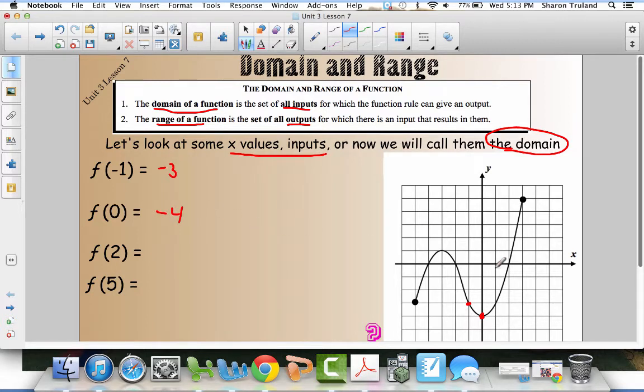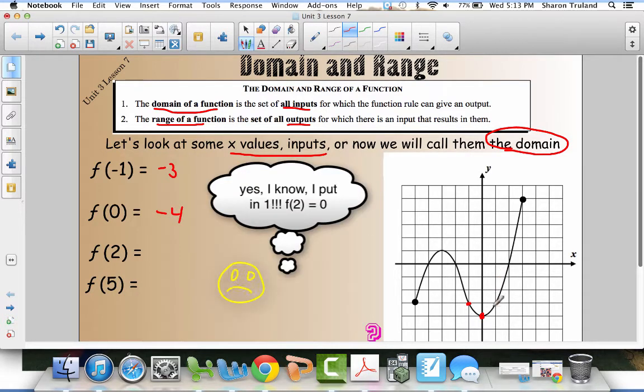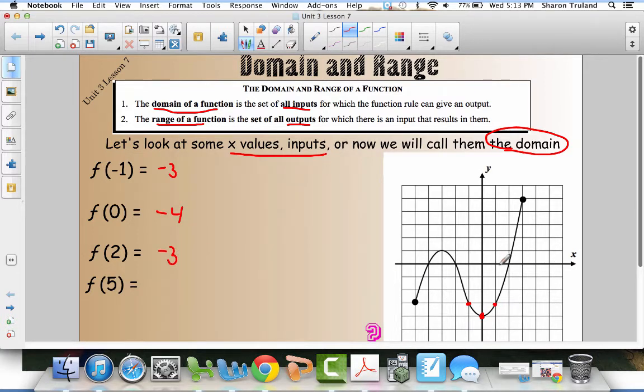And if I put a 2 in, out would come a -3. And if I put a 5 in, out would, wait a second, there's no answer. 1, 2, 3, 4, 5. My graph ends right here at this big dot. So we would use the null set to signify that 5 is not in this domain.